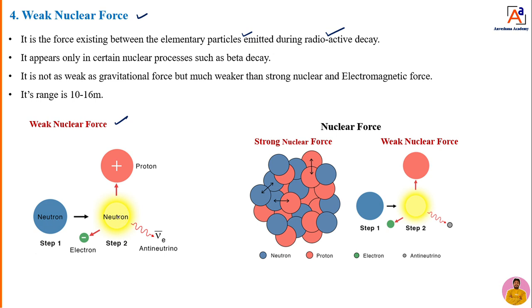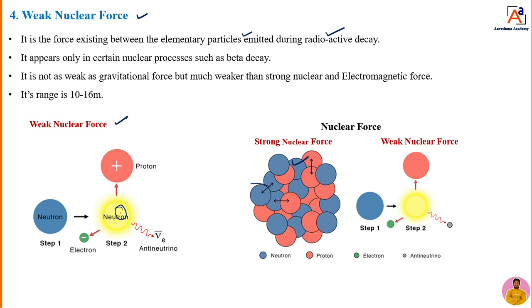When there is a radioactive decay, then a weak force is generated in the nuclei, that is the weak nuclear force. Actually, the strong force is the force used to hold the protons in the nuclei together, that is the strong nuclear force.